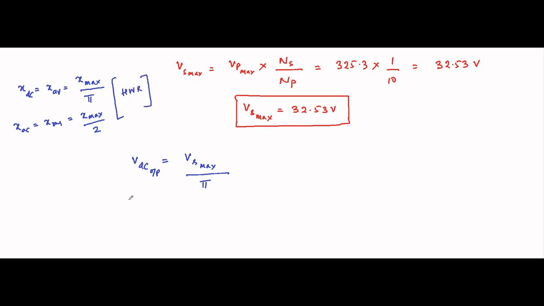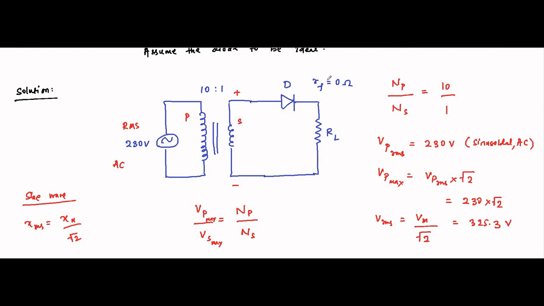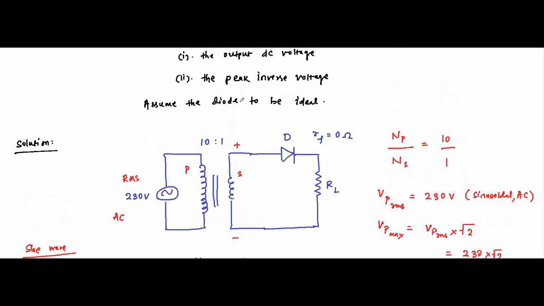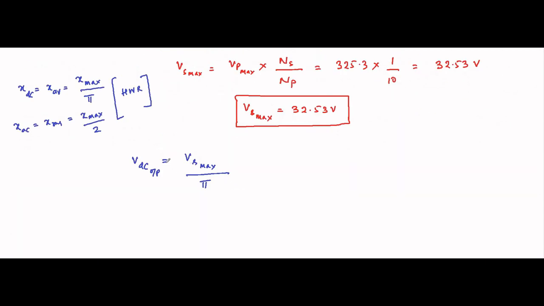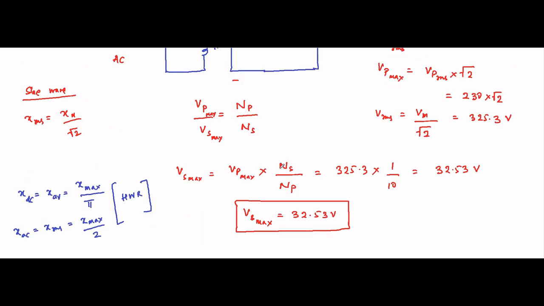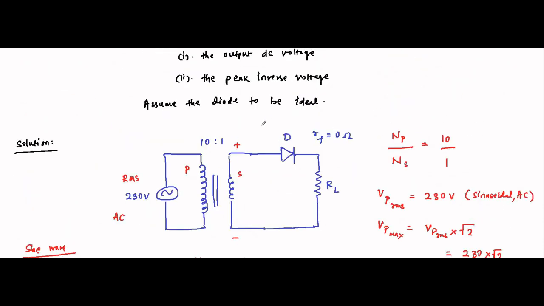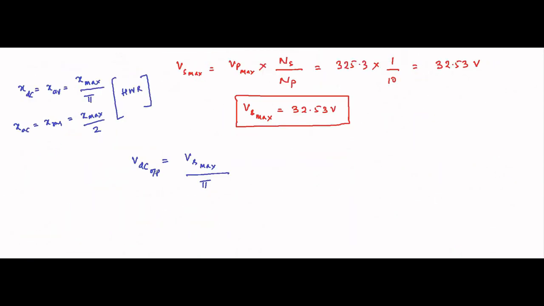Here we can do it directly for voltage because there is zero forward resistance, the diode is ideal. That's why we can use this equation related to voltage. If it had not been given that the diode is ideal, then we would have to find the current and use IDC equal to Im by pi.